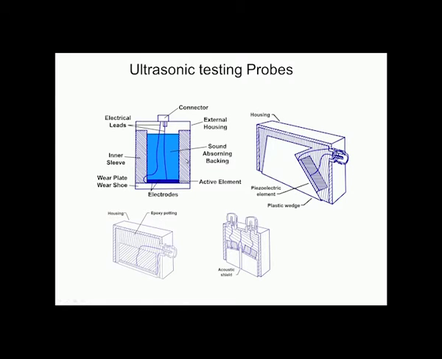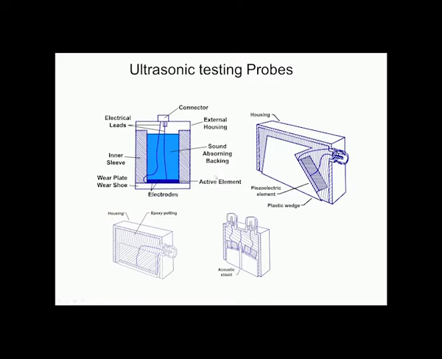This is a small cylindrical casing in which you have all the support and the electrical lead, and this blue area indicates that it has a sound absorbing high damping background, as I mentioned before.